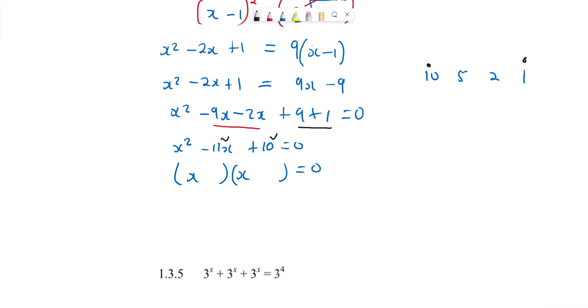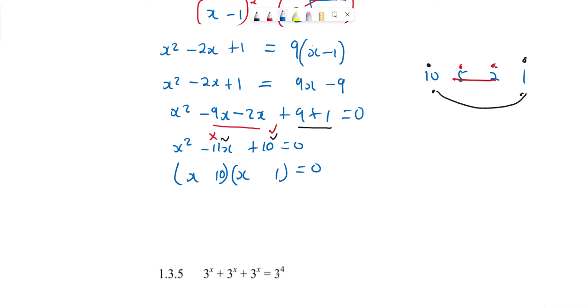Is 5 and 2 going to work? 5 times 2 is 10, correct. 5 plus 2 is 7. 5 minus 2 is 3, incorrect. So 5 and 2 do not work. We're going to take 10 and 1. So which one should be positive, which one should be negative?